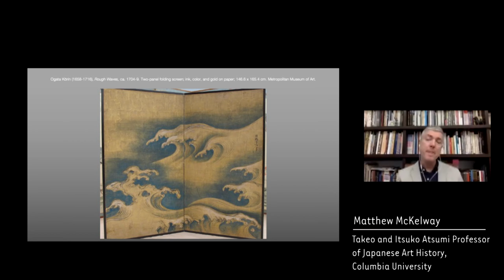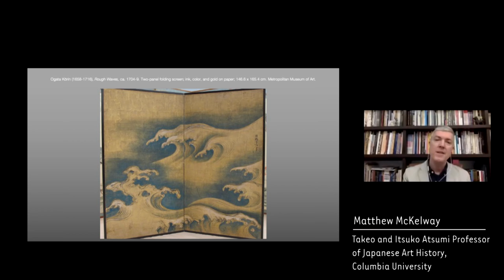And I think as we look at this, we can see that there's some interesting interaction between the larger wave that threatens to fall on the smaller wave beneath, which seems to recoil in almost a kind of animal-like way. You can start to see sort of bird heads and things like that.